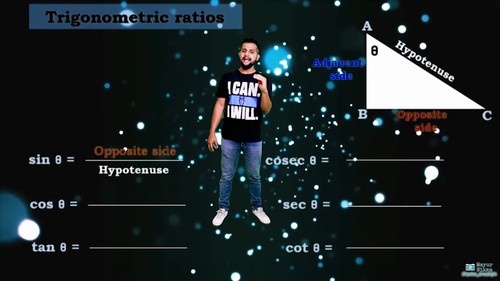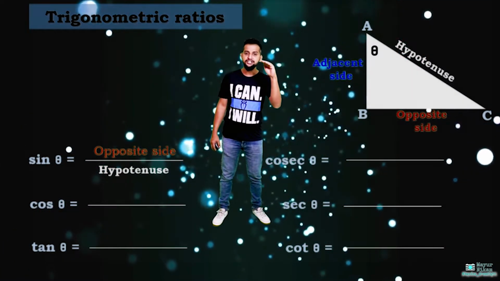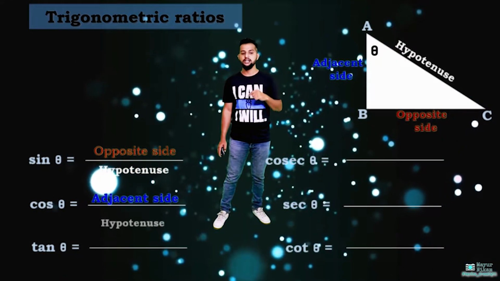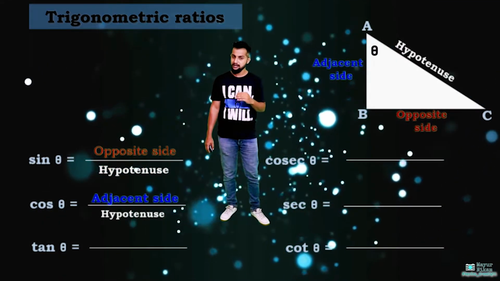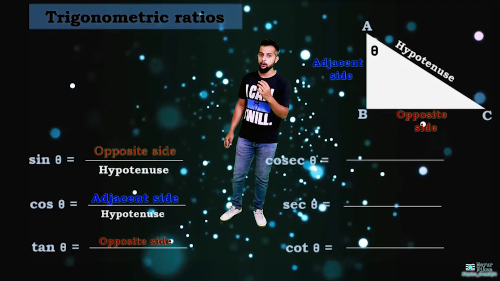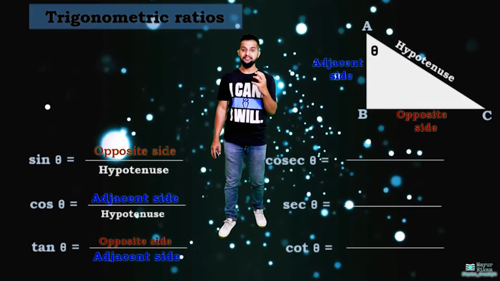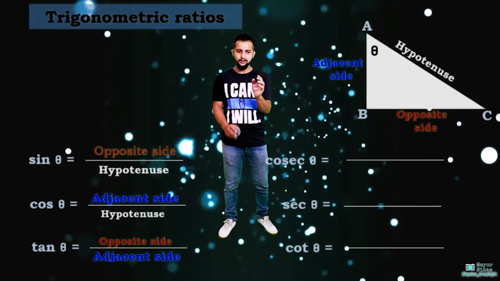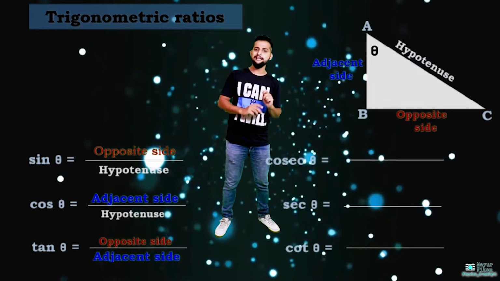We can take sine theta as opposite upon hypotenuse. Next is cos theta, which is adjacent upon hypotenuse. Tan theta is opposite upon adjacent side. You can see tan is a combination of sine and cos.